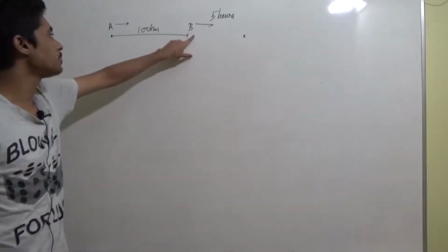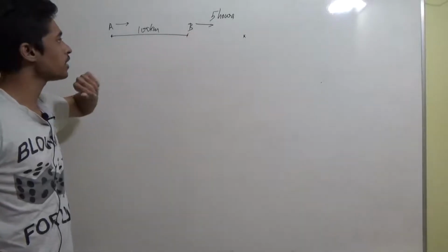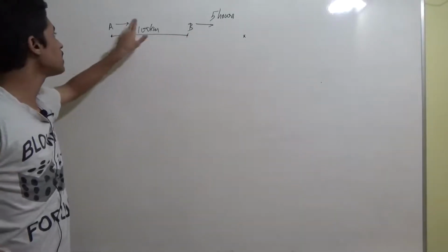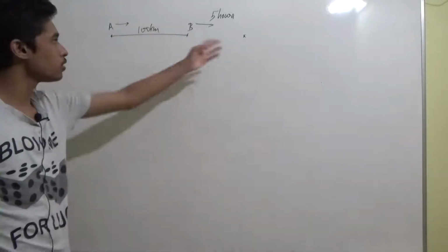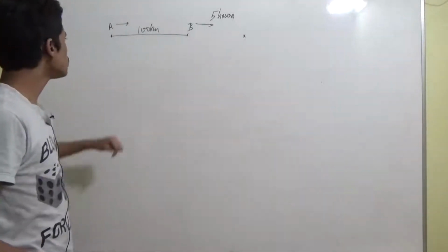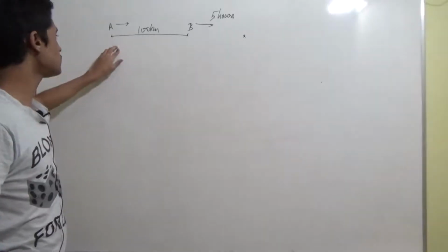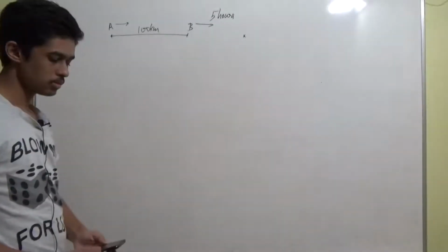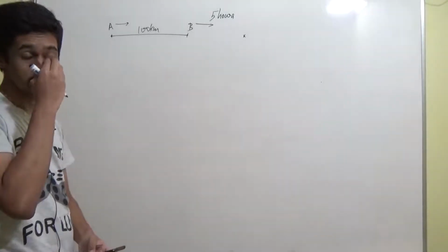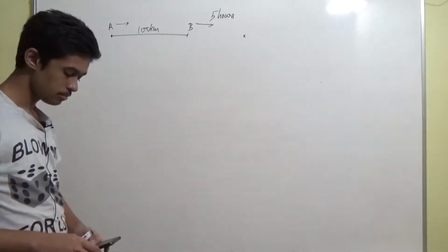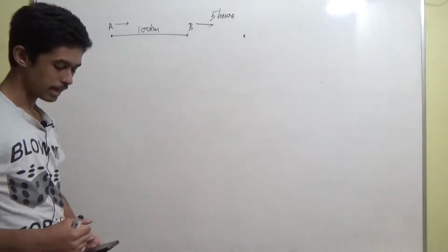For example, if the speed of car B were more than the speed of car A, then A will never be able to reach B. It will go somewhere quite ahead. So one thing we get to know is that the speed of car A is more than the speed of car B. This is not actually required to solve the question. It's not an important aspect, but still it's important to know, like to get an idea.